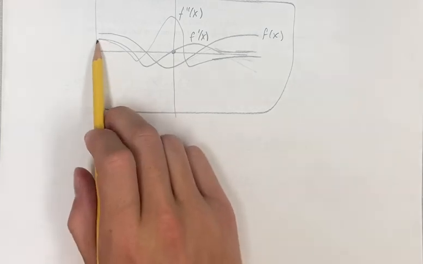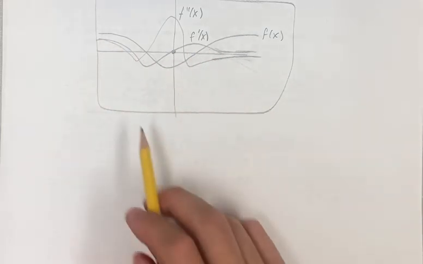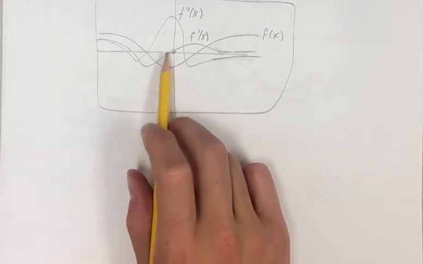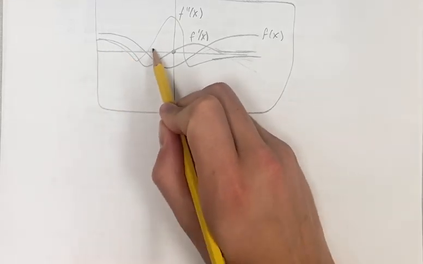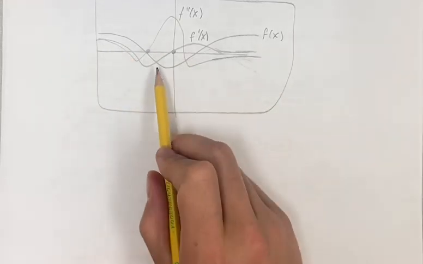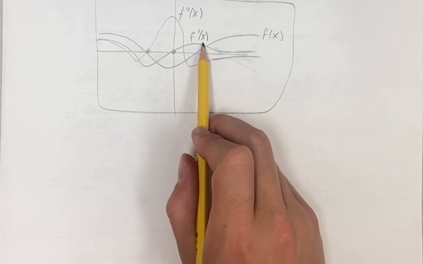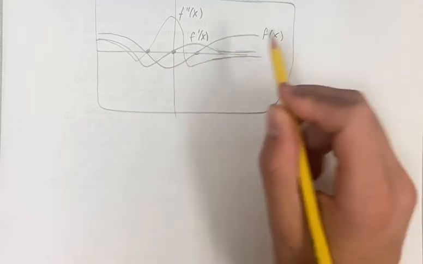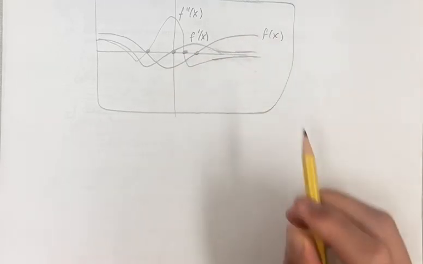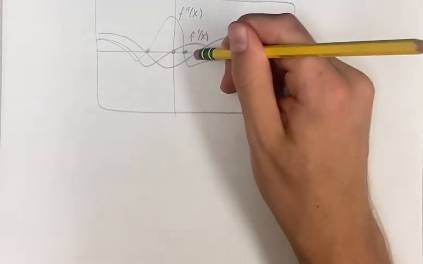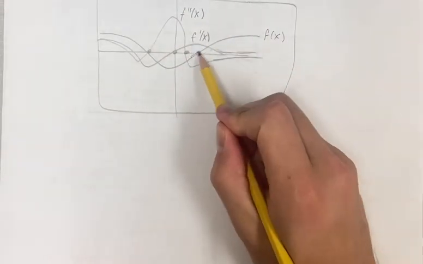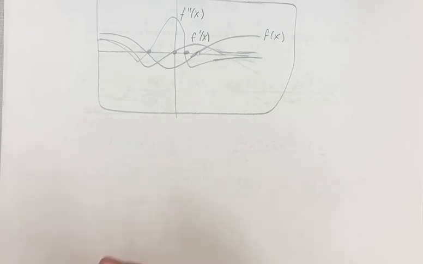When its derivative, right here, goes from decreasing to increasing, its second derivative is 0. And when it goes from increasing back down to decreasing, its second derivative is 0 again. It's a little bit off in this hand-drawn graph, but that is how you can tell that you are actually dealing with the proper derivative and second derivative.